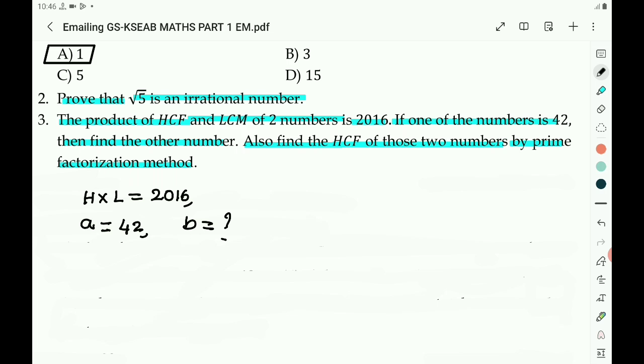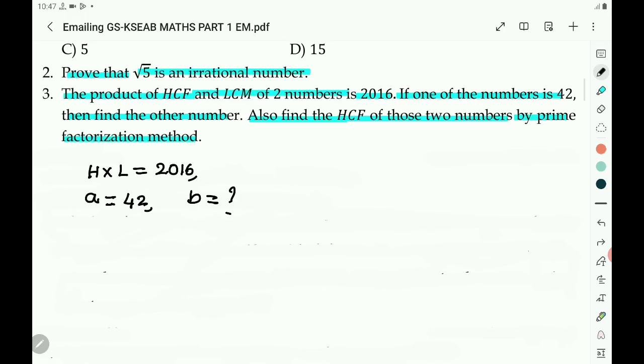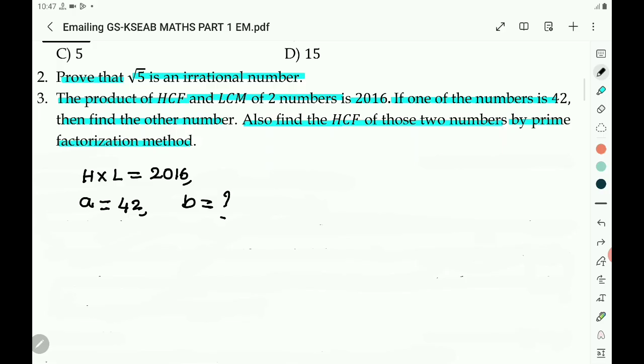To find b, we have to use the relation that the product of two numbers is equal to the product of their HCF and LCM. Then you write a into b equals h into l.